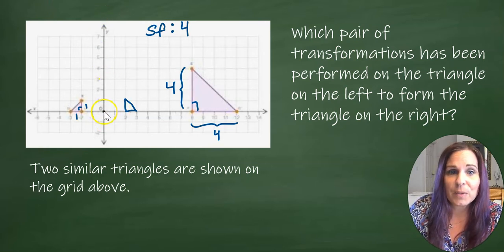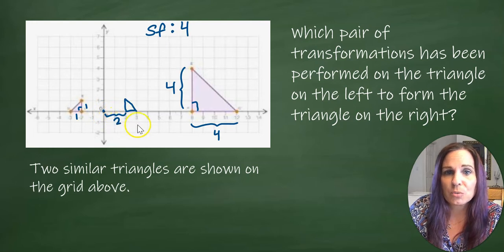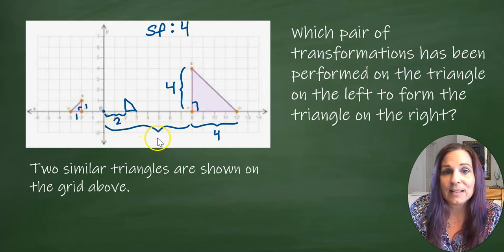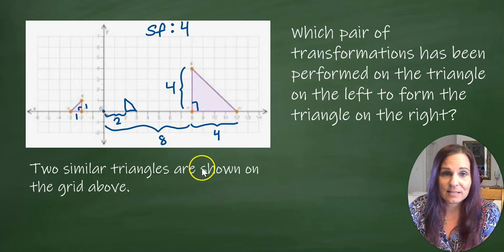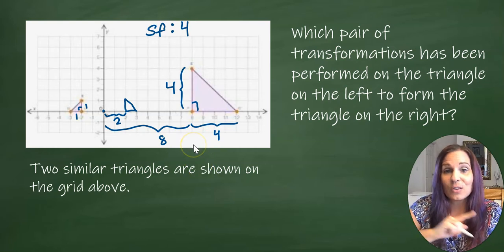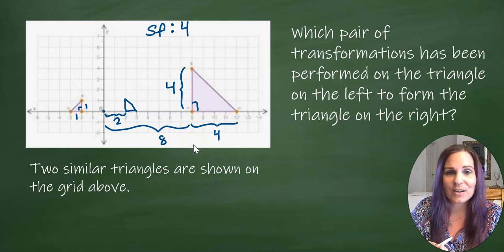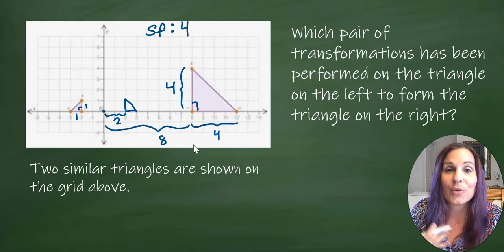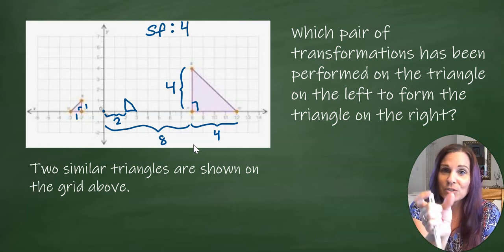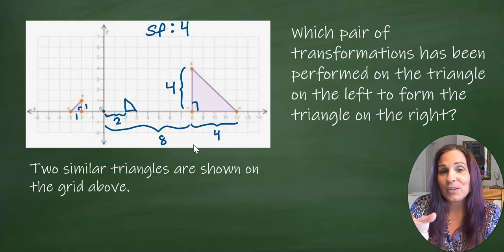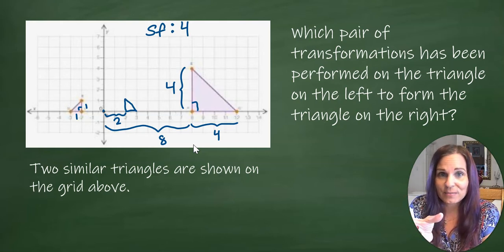Originally, to get from the origin to, let's say, this right angle point, it was 2, right? Now, to get from the origin to that right angle point, it's 8. That was scaled up by a scale factor of 4, right? The original distance was 2. Now the new distance is 8.